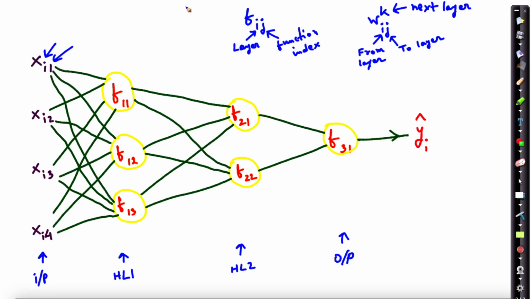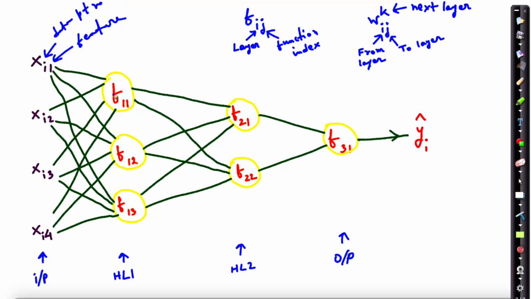If I have a 4-dimensional feature like height, weight, gender, and place, then 1, 2, 3, 4 represents that. I hope this is clear from the previous video. Still, I'm writing here: feature, and this is the data point number.